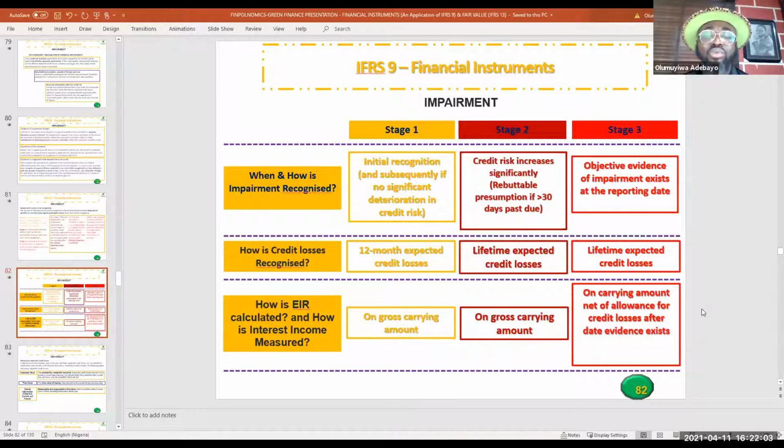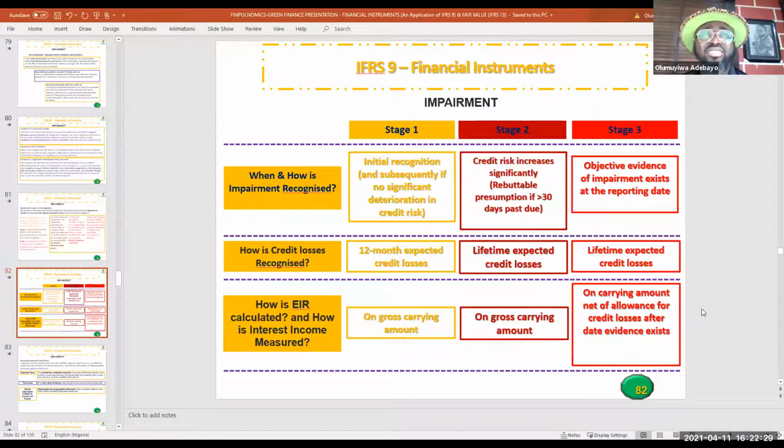But stage 3 requires measurement of interest income on the net carrying amount. And the net carrying amount is the gross carrying amount after deducting all allowances for credit losses. And that only applies to stage 3, because at stage 3 level, you are fighting for recovery.